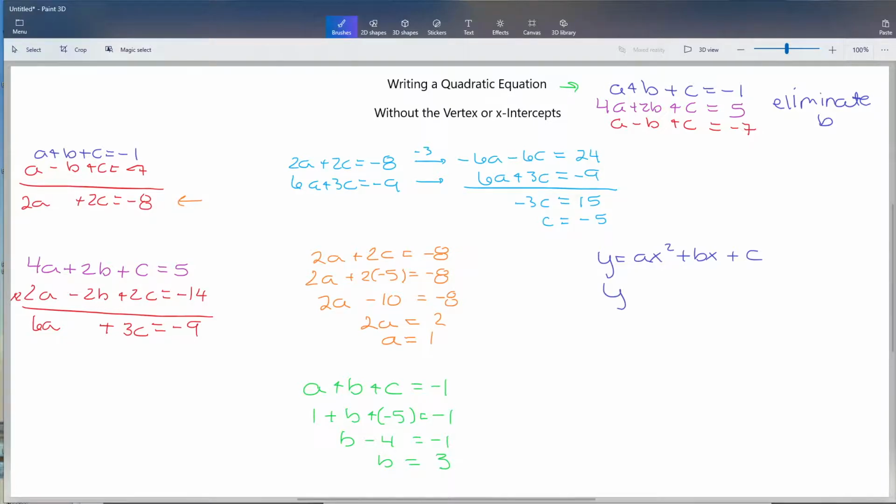So we're going to plug in our value for a, which was 1, our value for b, which was 3, and our value for c, which was -5, okay? Now I can definitely write this without the 1, so this would be x squared plus 3x minus 5. And this is really what we're looking for as our final answer, right? We want the quadratic equation, and in this example, it's in standard form.